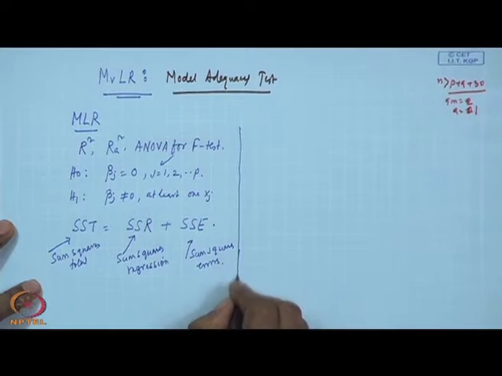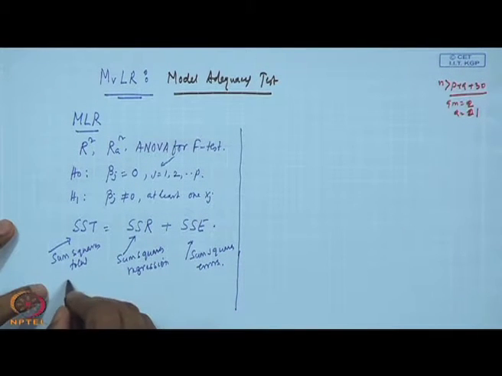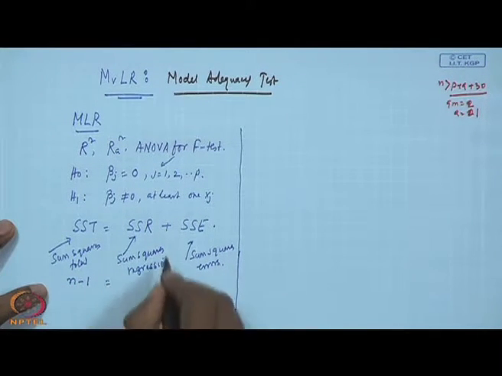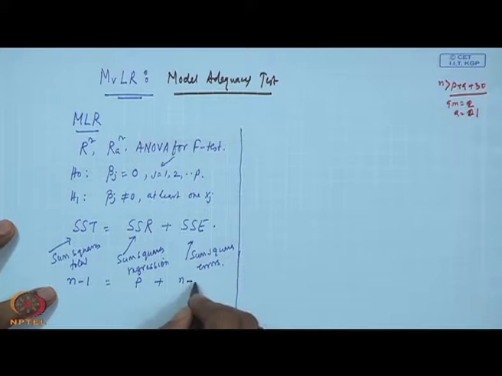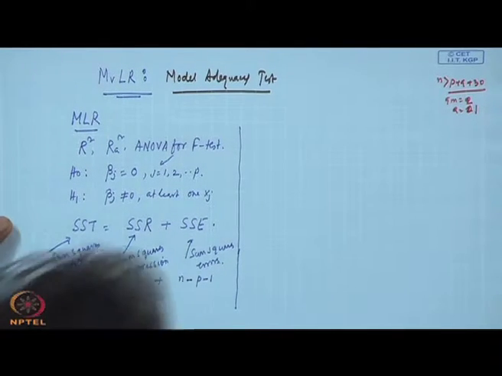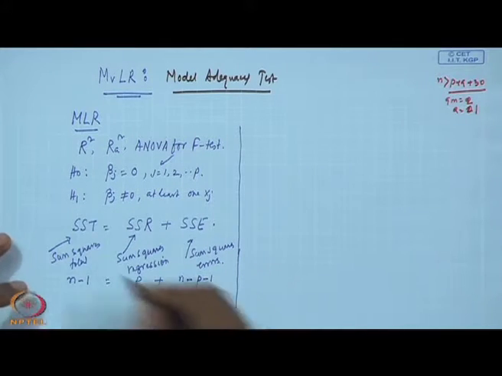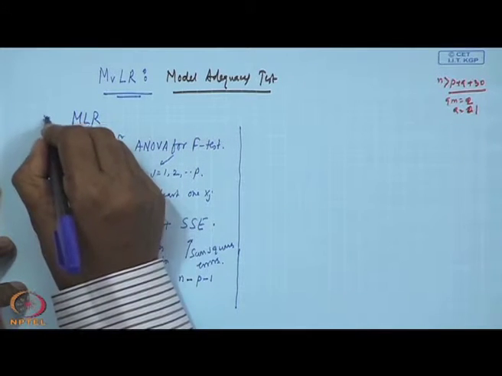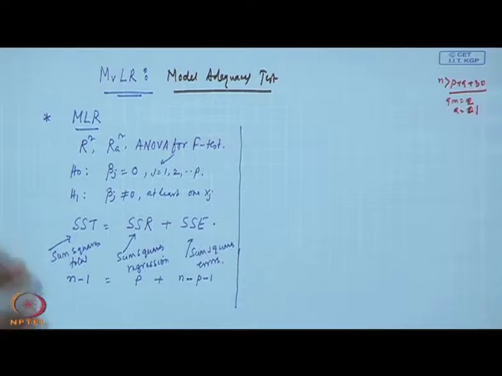Correct. And the degrees of freedom were n minus 1, then p, plus n minus p minus 1. So this is basically all our model fitting.